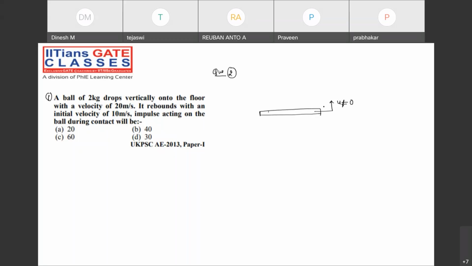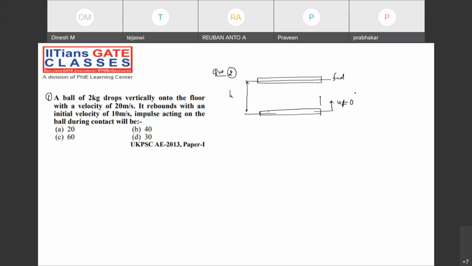I'm just taking this particular part from here to here. This is my initial position and this is my final position. Suppose the height is h. They are asking for the height in terms of velocity.